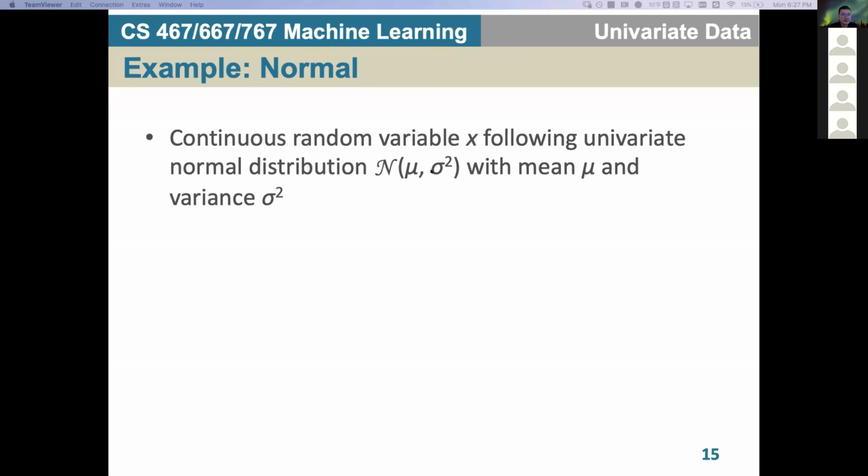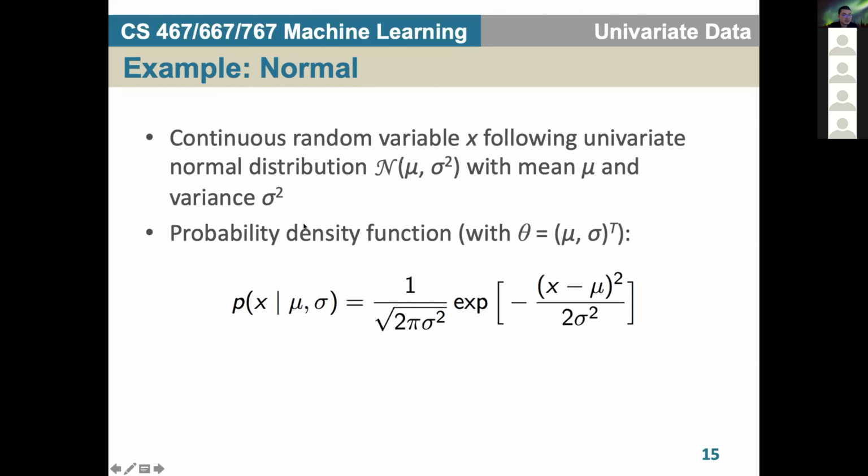For the Gaussian distribution, the probability density function is something like this, right? I will not go into the details, because this is just what you should know, or you just assume this is the case. The Gaussian distribution basically has a shape like this, and the mean is the middle point, which is mu. It's also the most likely point in terms of probability.